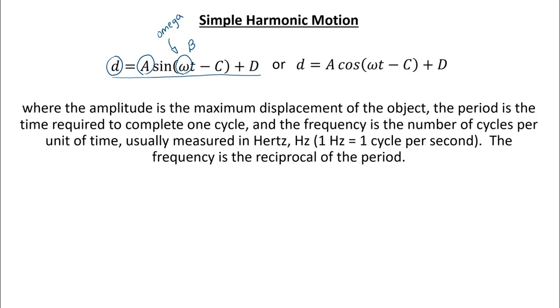But when we're talking about simple harmonic motion, we're just going to use the variable omega. So just know that omega and b are the same thing. And then we had c over here, and we know that c over b would always give us our phase shift or our horizontal shift. And then d here on the end represents a vertical shift, of course.